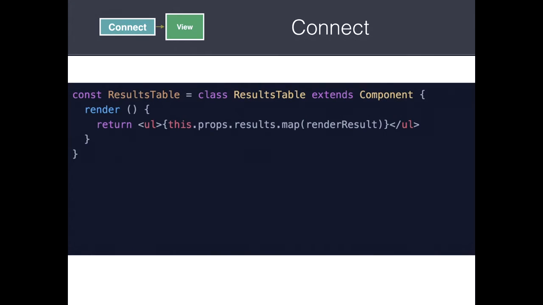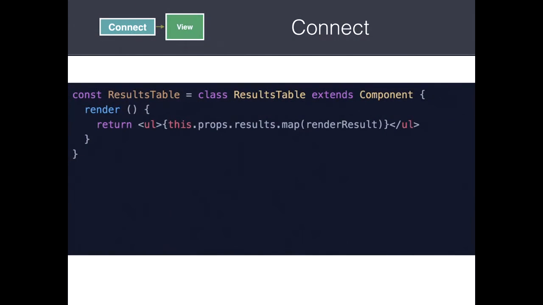It takes care of that for you. And connect is the more interesting bit. So one of the benefits of using Redux, and especially using a library like connect, is that it allows us to more easily keep our components super dumb and simple, which makes them really easy to reason about and to test.